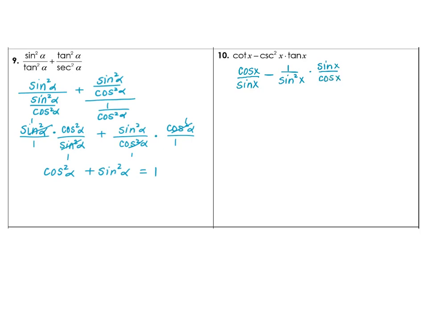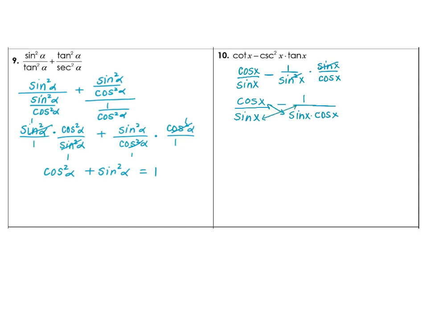So it looks like we might get some stuff here to cancel. We do have here cosine x over sine x minus, and one of these is going to cancel, so I'm left with 1 over sine x times cosine x. And so from there, it looks like we can do our cross multiplying as usual to get our denominators and get all of this added or subtracted.